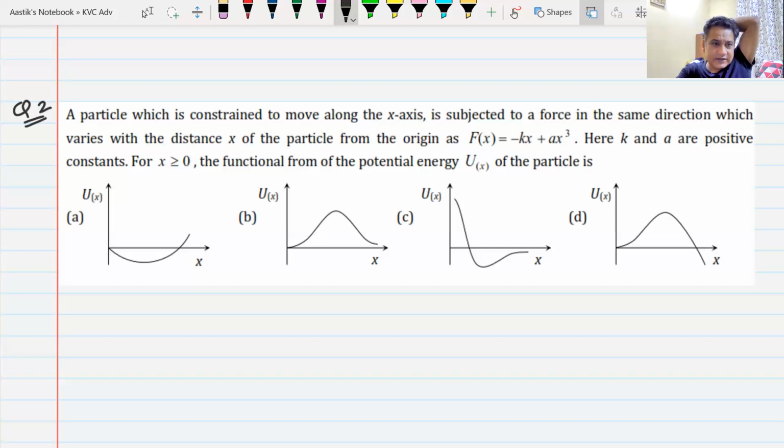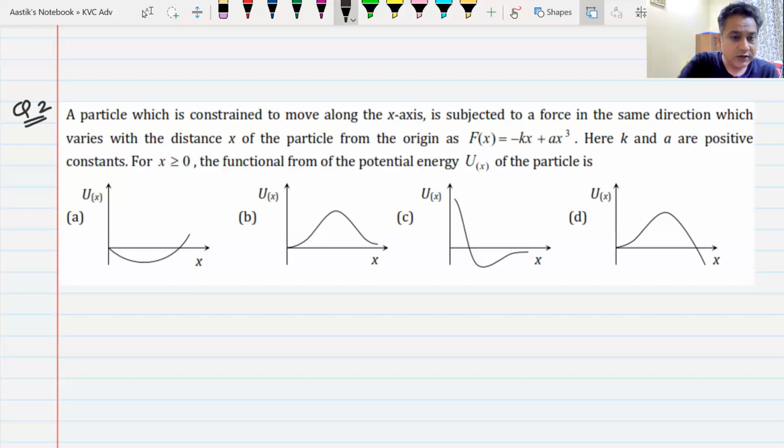So basically, in this question, what you have to do is your force is given as a function of distance. You first have to integrate it. Yes or no? Yes, sir. You will get your energy as a function of x. Yes or no?